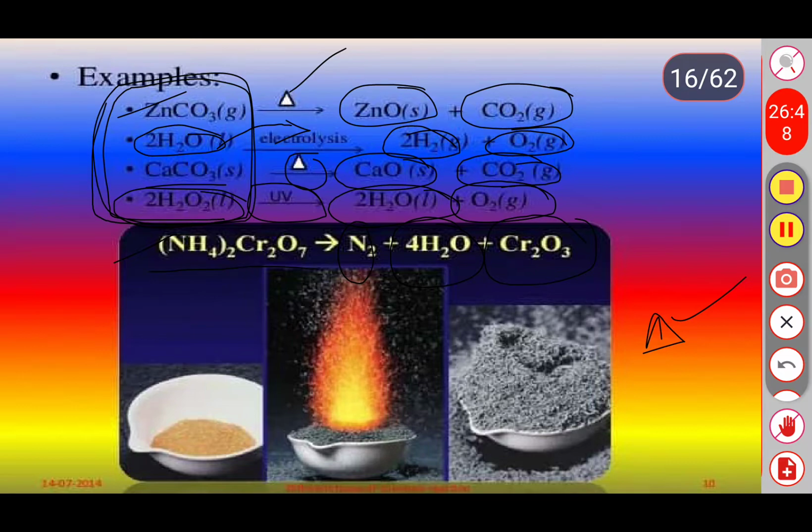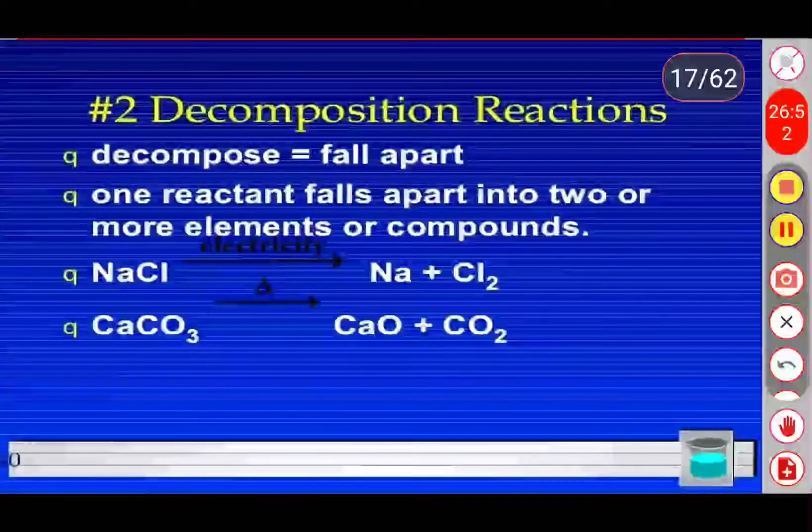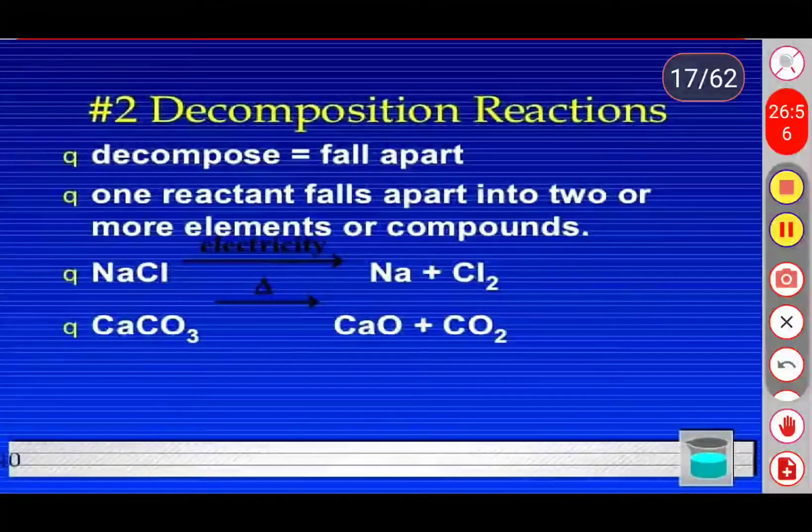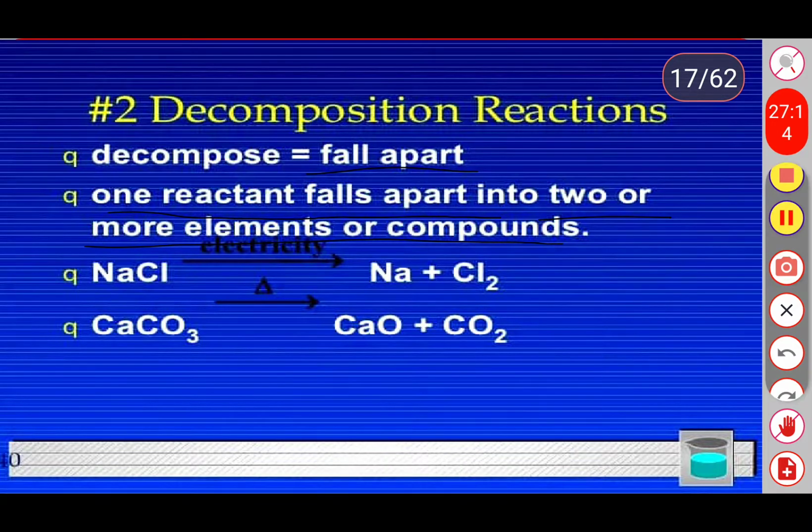See next one. Decomposition means fall apart. It means it will be split into two simpler compounds. One reactant splits into two or more elements or compounds. See this example, sodium chloride.